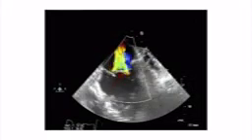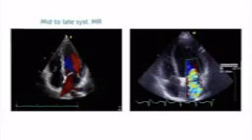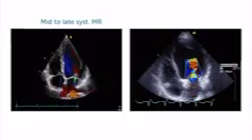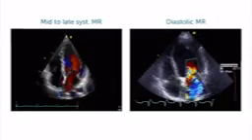We see patients who have more than one jet, and the duration of regurgitation can vary greatly. On the left, a patient who has regurgitation only during mid and late systole, while the patient on the right not only has regurgitation during systole, but even during parts of diastole. So mitral regurgitation can be very, very variable.